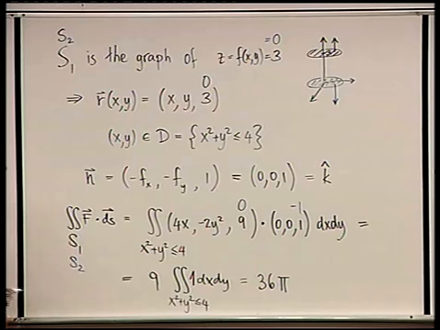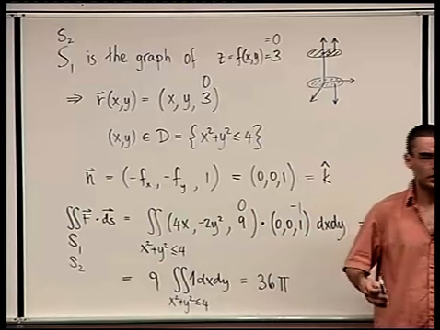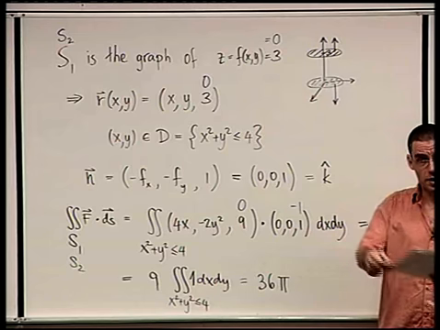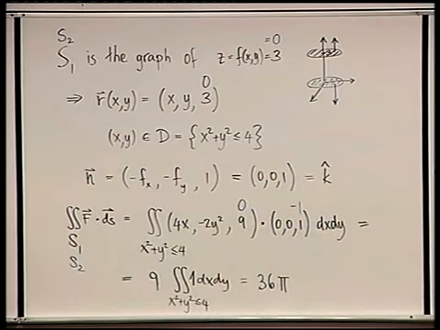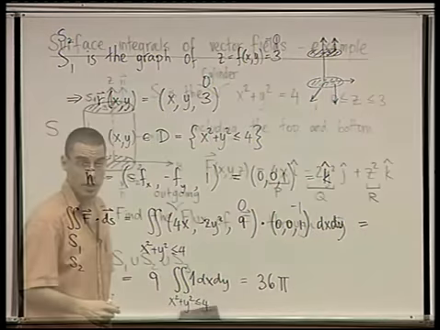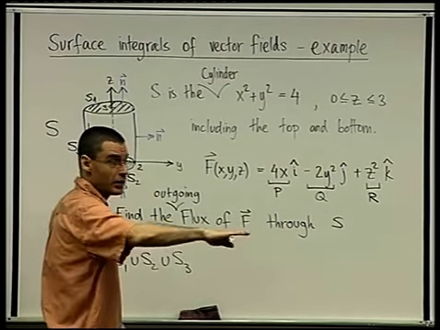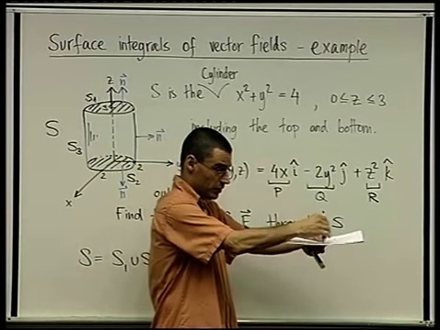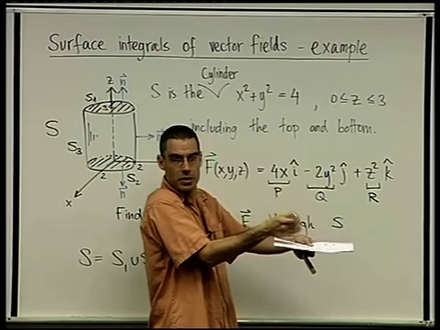The reason is, and you can ask how could the field not have flux through S2, that it's exactly clear when you think of the net that you put in the water. The field is 4x, minus 2y squared, z squared. Those are the components. When you look at the xy plane, since the normal is pointing this way or this way, the only contribution is the z component of the field.